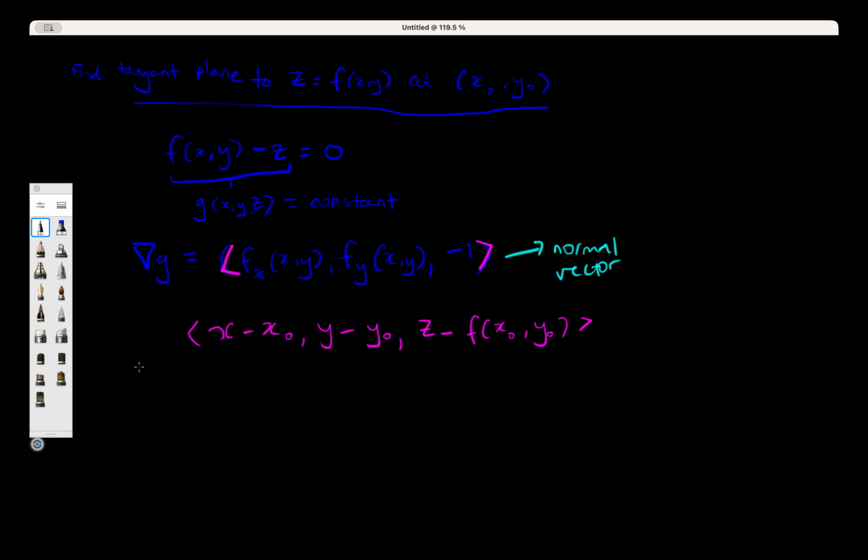So we've got f of x of x, y, f of y of x, y, minus 1, dot x minus x0, y minus y0, z minus f of x0, y0, and that has to be equal to 0 if they are orthogonal, which we want them to be.